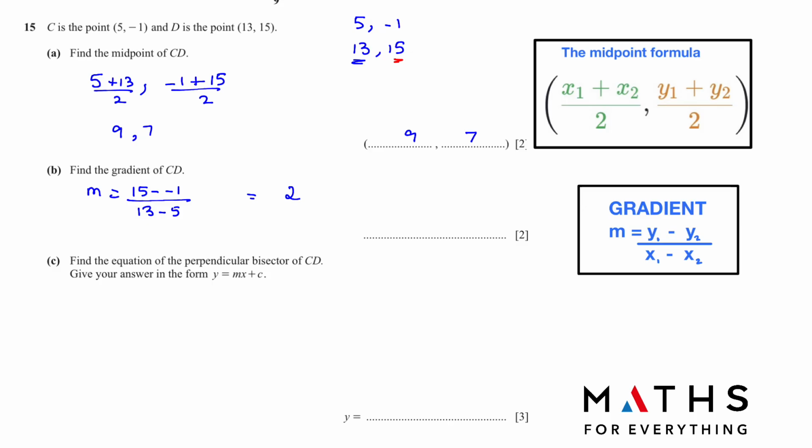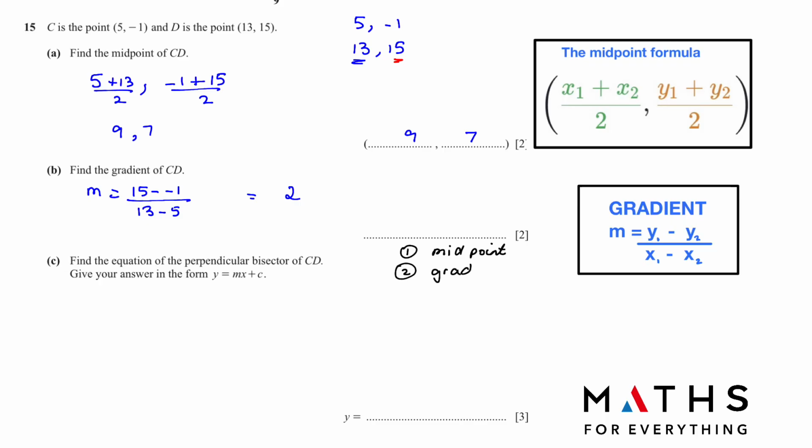Question number C. Find the equation of the perpendicular bisector of CD. Give your answer in the form y is equal to mx plus c. To find the perpendicular bisector of a line, we need a few things. One, we need the midpoint. We already found the midpoint. Then we need the gradient.